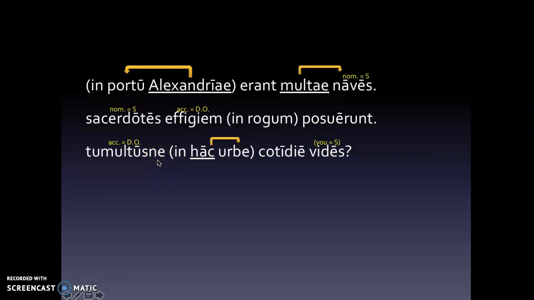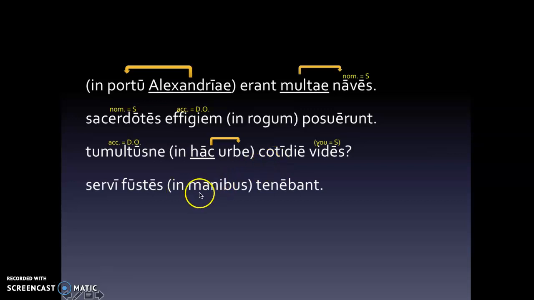Now, notice that we have no nominative. Since we have no nominative, that doesn't mean we don't have a subject, but we go to our verb, we look at the ending, and because the ending is just an S, we know that you is the subject. And since this is a question, we're actually going to start with did. So, did you see or do you see a crowd in this city every day.